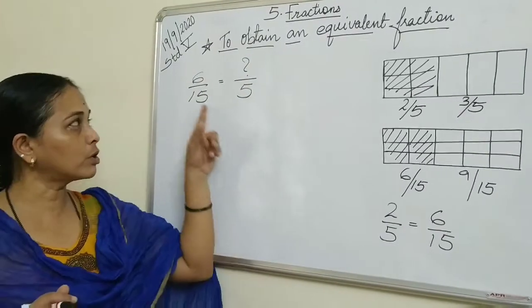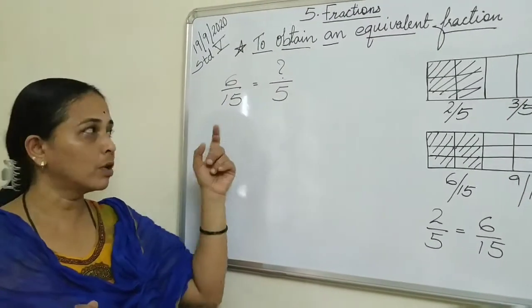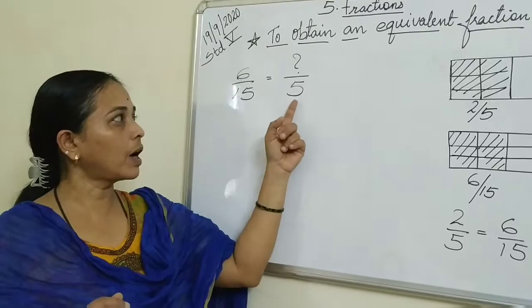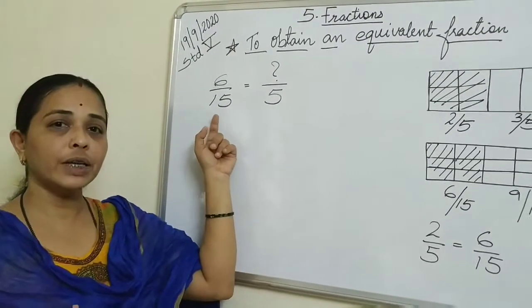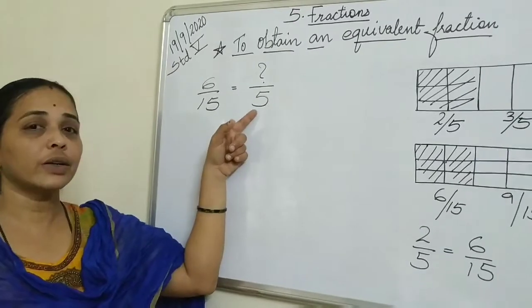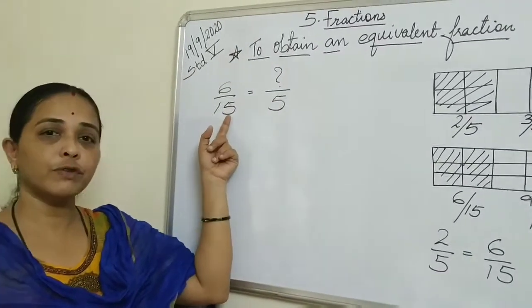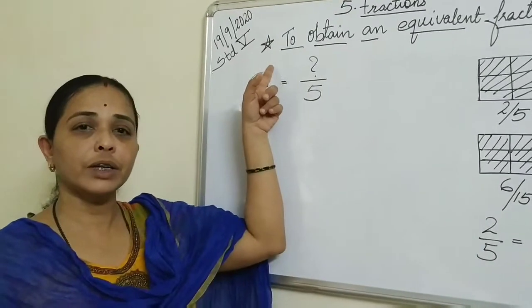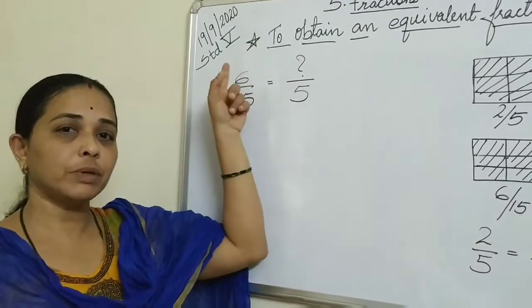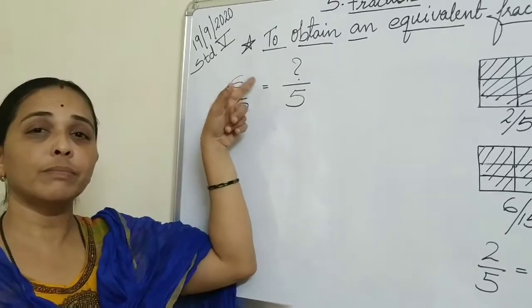But if this was not given, what are we supposed to do? See, compare 15 and 5. We have to divide 15 by 3 to get 5. The same 3 we have to divide 6 by also.